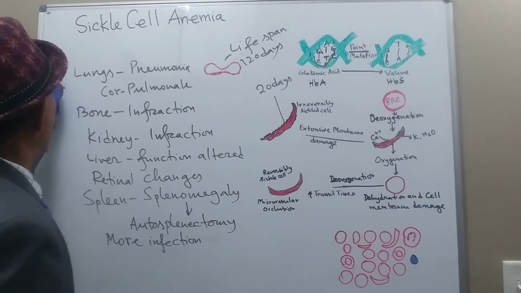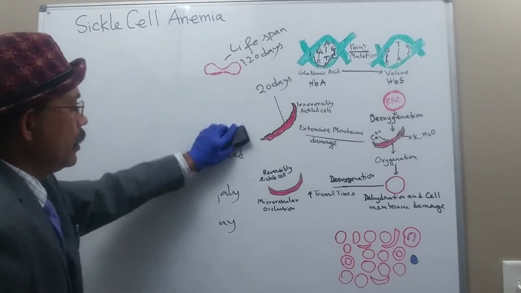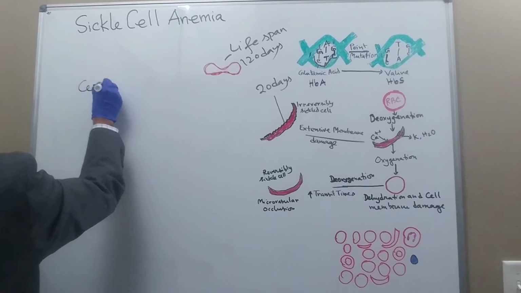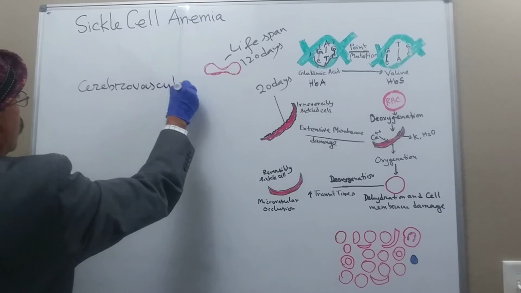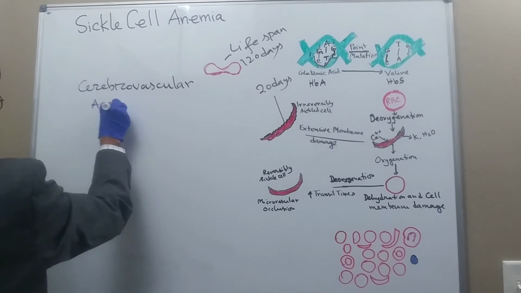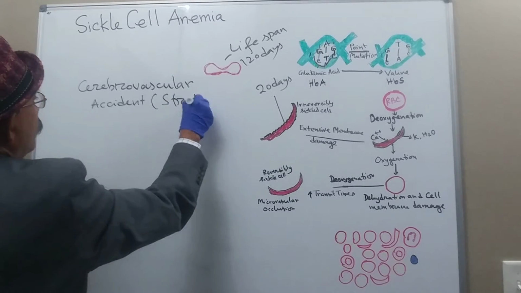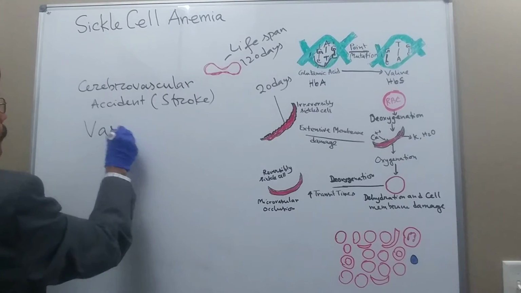So all organs are affected. Then there may be cerebrovascular accident, or stroke, in young age because of vaso-occlusion.